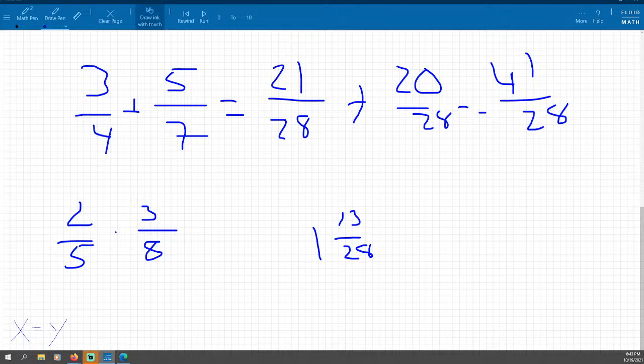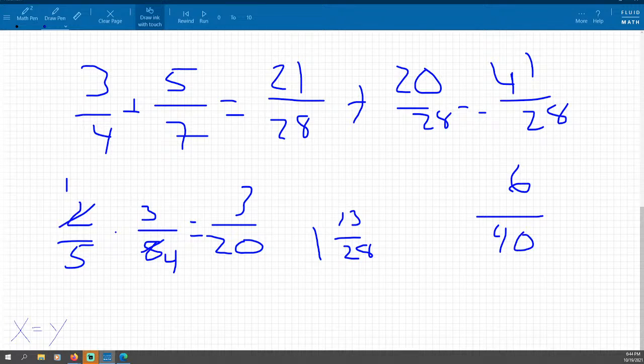So instead of going to 6 over 40, just go 2 and that'd be 4. So now you can come up with 3 over 20 instead of 6 over 40. Eventually you're going to have to reduce, so it's easier to do it when it's obvious than ending up with 6 over 40 and going, oh, what are all the common things that go in there?